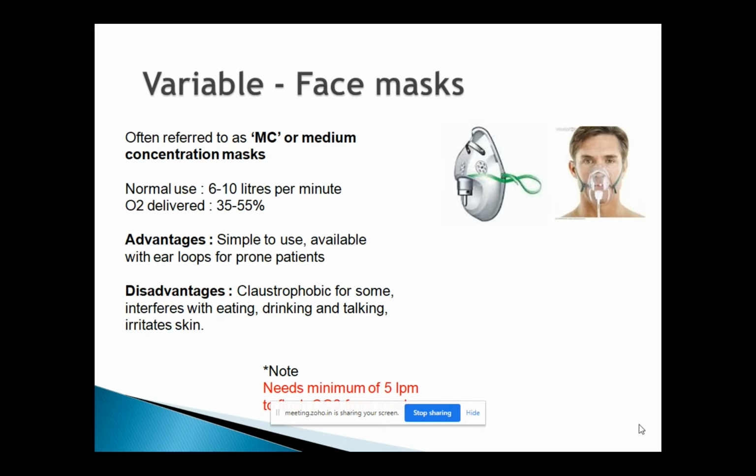Simple to use, available with ear loops, and usable in prone patients. The disadvantage is some patients are claustrophobic. They may say, oh, I don't like this on my face, it's suffocating me. And again, it interferes with eating, drinking, and talking. And it can irritate the skin because the oxygen is going directly on the skin and face.